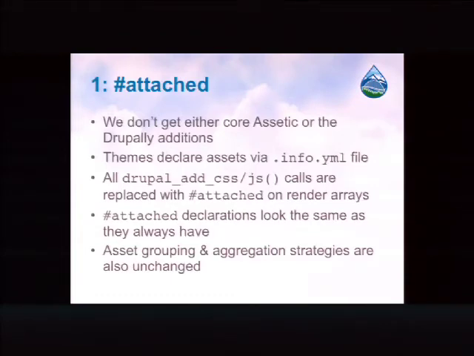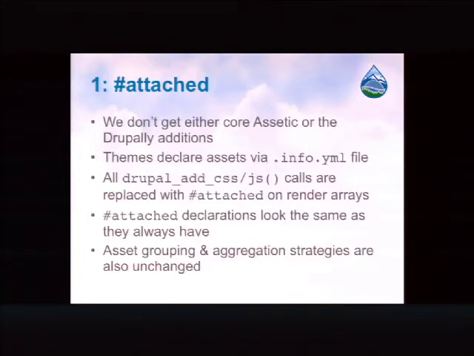So the first one, the sort of lowest common denominator that we're shooting for, is that we just use attached everywhere. If we do that, then we don't get core Assetic or the Drupal additions that I've discussed. So you don't get nice, easy access to the filters and using Coffeescript and all those other lovely things in core. It could still be put in contrib, but it would be awkward.